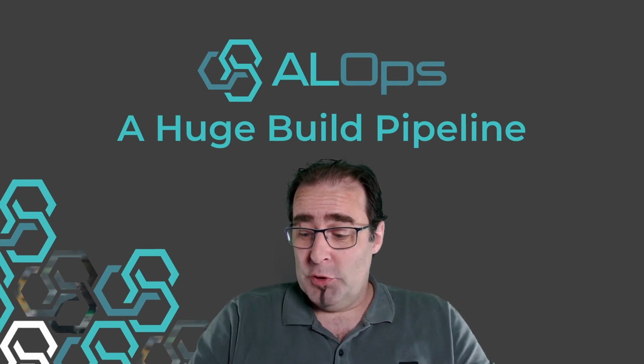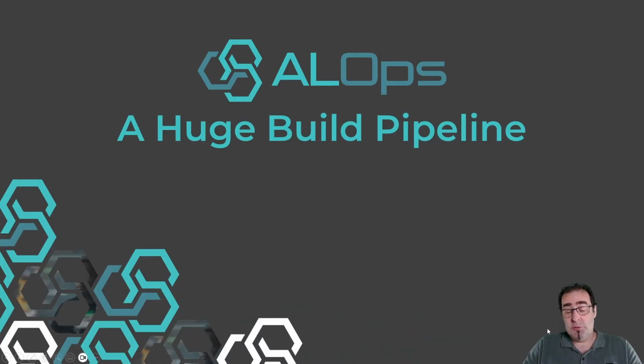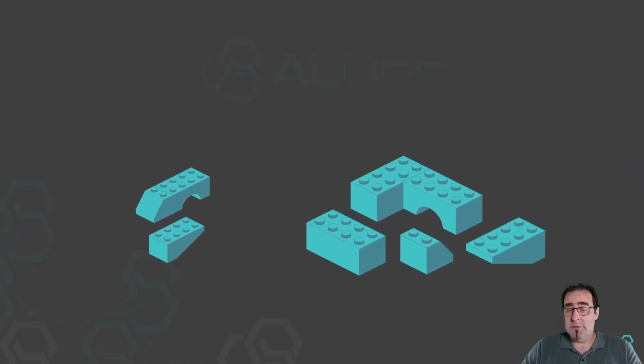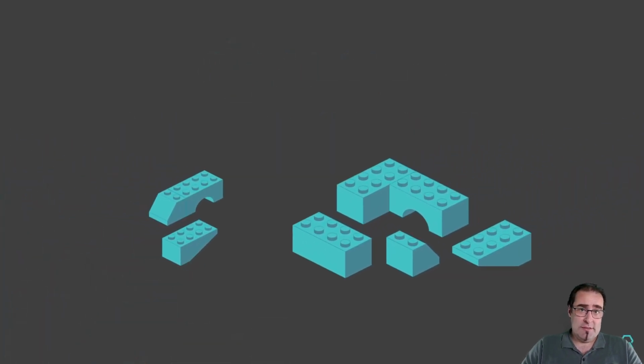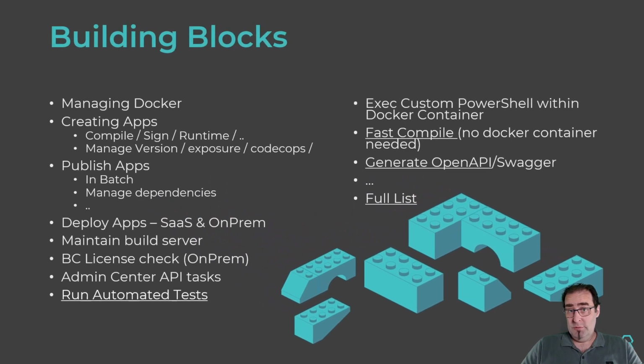Now, what I wanted to show you during this short video is just the building blocks that ALOps provides for setting up your build or release pipeline. Building blocks are important. ALOps wants to keep you as flexible and as efficient as you are with setting up build pipelines and release pipelines for Azure DevOps.